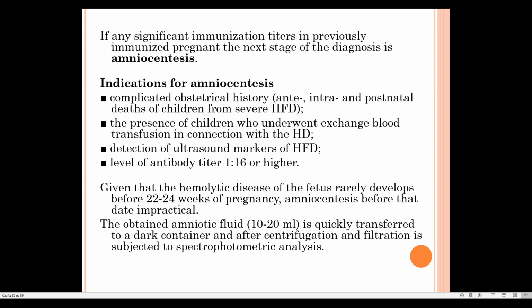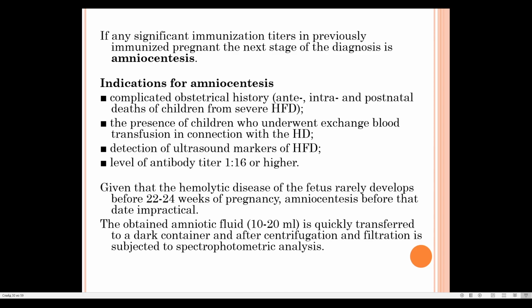If there are any significant immunization titers in a previously immunized pregnant woman, the next stage of the diagnosis is amniocentesis. Indications for amniocentesis are a complicated obstetrical history, complicated by antenatal fetal death, intranatal fetal death, and postnatal deaths of children from severe hemolytic fetal disease.